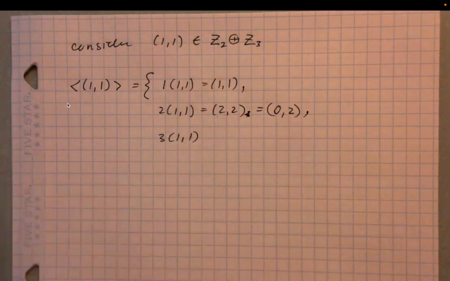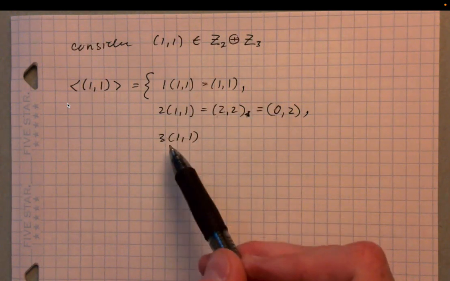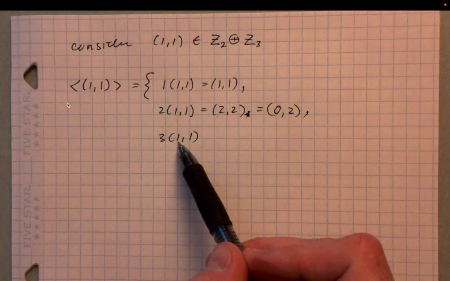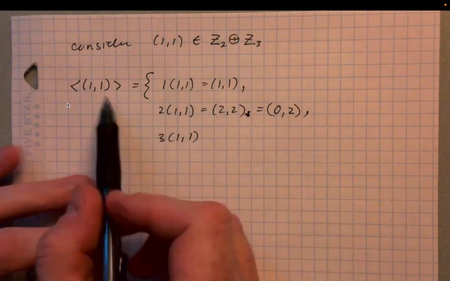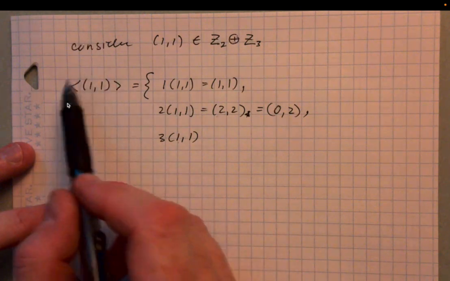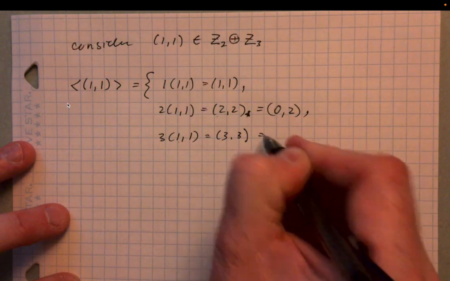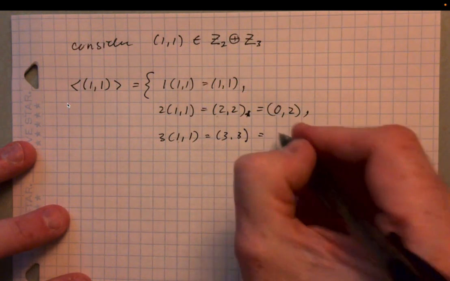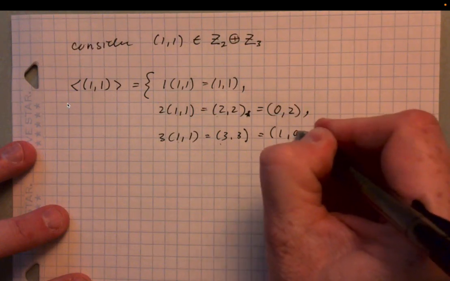The reason I'm multiplying here, it's really 1, 1 plus 1, 1 plus 1, 1, but I'm just saying 3 times for brevity. Hopefully that's not throwing you. We're just using the cyclic group generator here. And so this is 3, 3, which we can think of as 3 mod 2 is 1 and 3 mod 3 is 0.